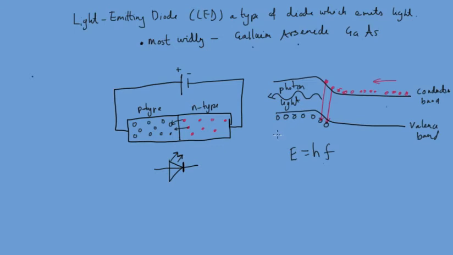We can put other materials in the manufacturing process when we're making our semiconductors. So other elements in the LED result in different wavelengths.